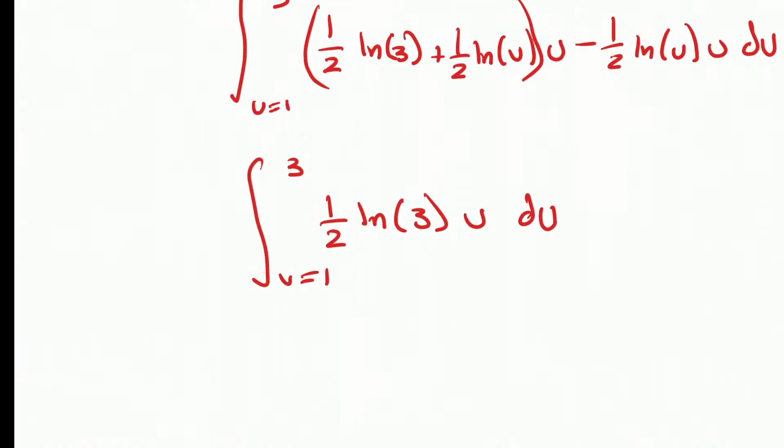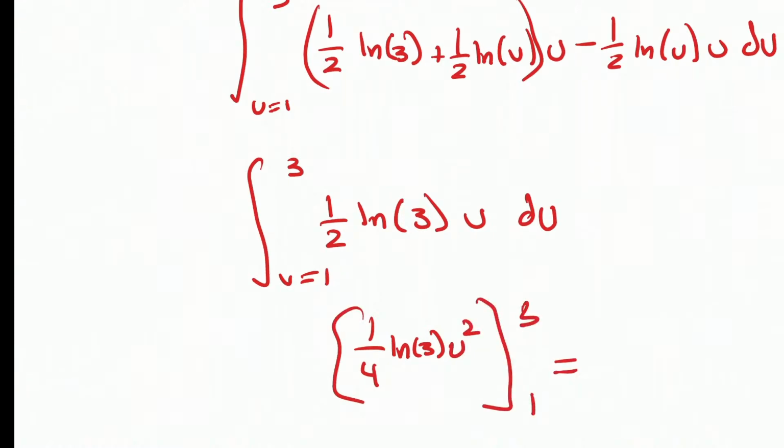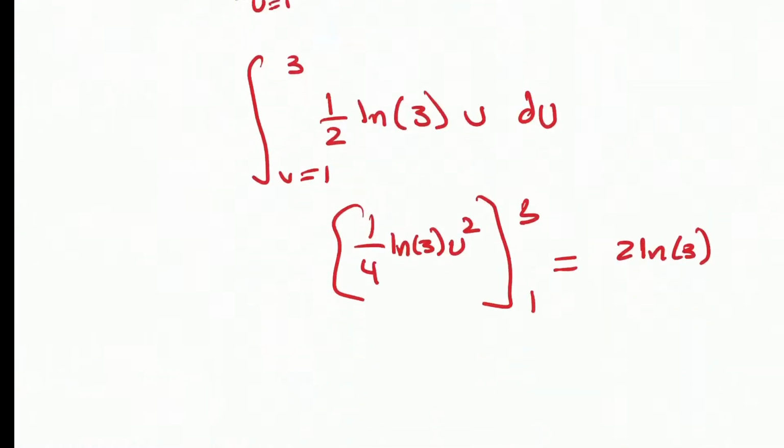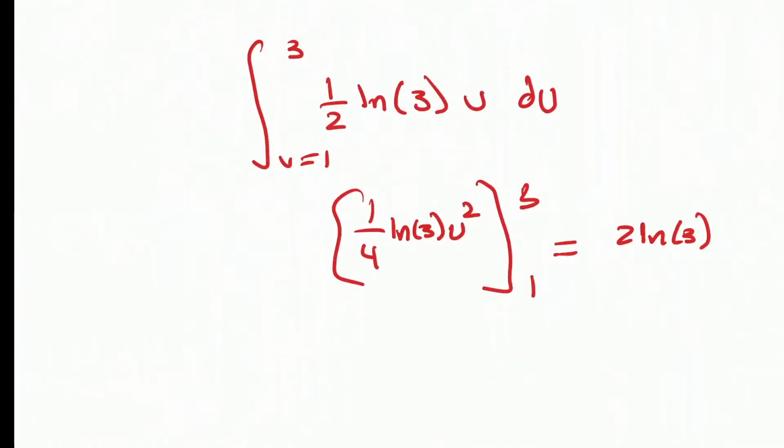But now the rest of this is simple. You've got 1/4 natural log of 3 times u squared evaluated from 1 to 3. And that's going to be 2 natural log of 3 in the end, because that's 9 minus 1, which is 8. So is that the right answer? Is it back in the book? Whew. Okay. Sorry, I was getting irritated up here, as you can tell. But yeah, it worked out in the end.